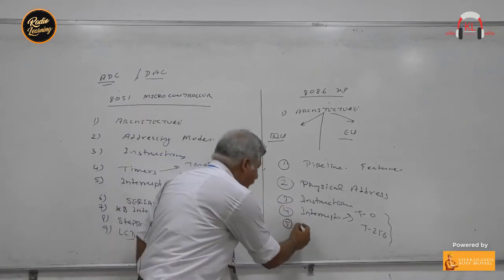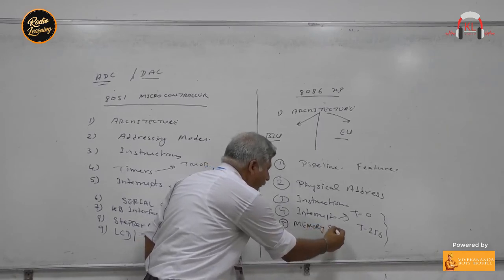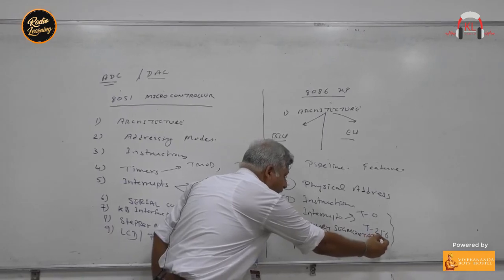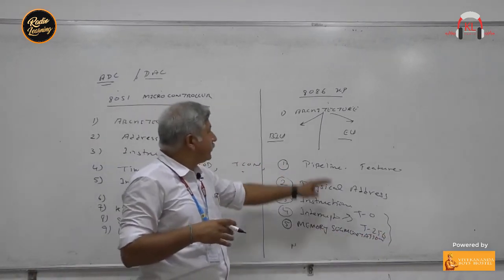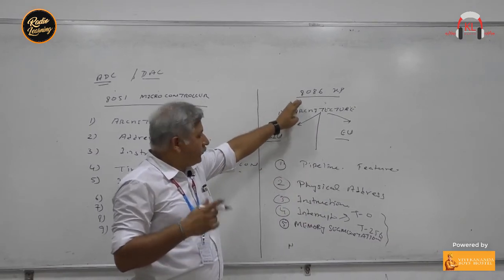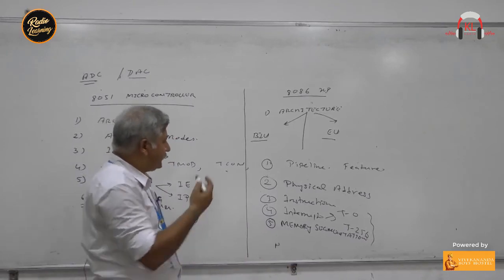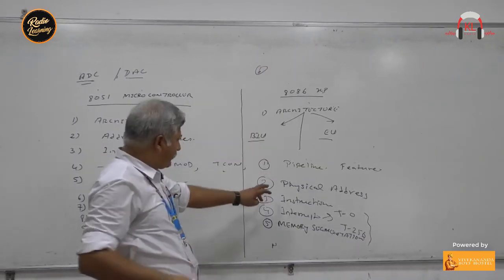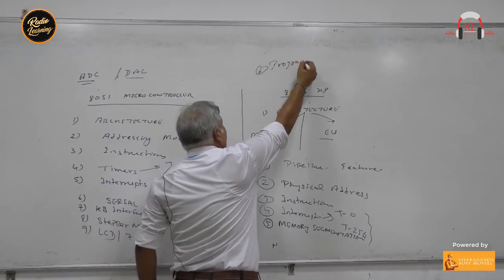Then what is the advantage of memory segmentation? Memory segmentation is an important feature of the 8086 microprocessor. So what is the advantage of that memory segmentation? That you have to study. Then you have to study the instructions, then programs.